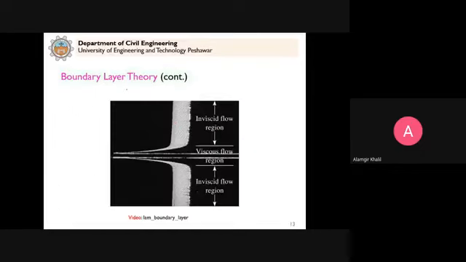To continue with boundary layer theory, you can see that this is a flat plate, the same plate that we show here, and you can see the boundary layer develops on both sides. Mostly we only show this top portion in the problems or in the theory that we explain.